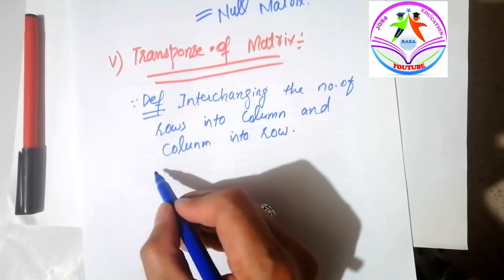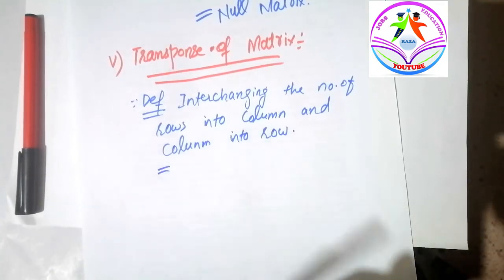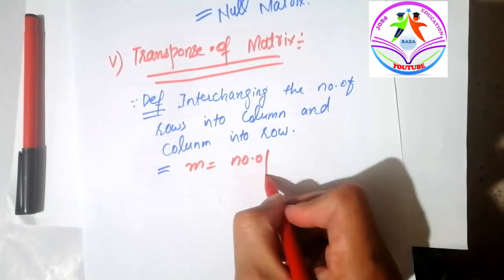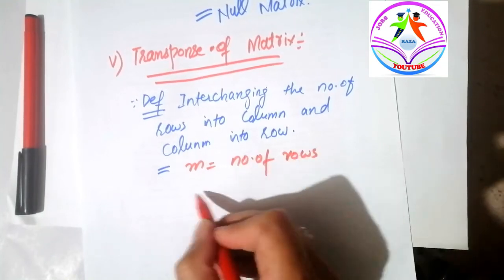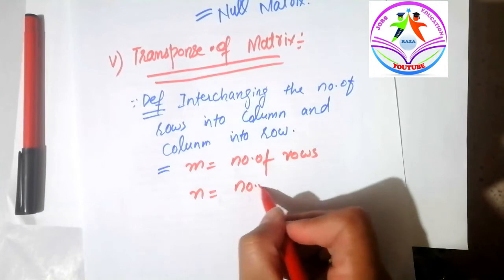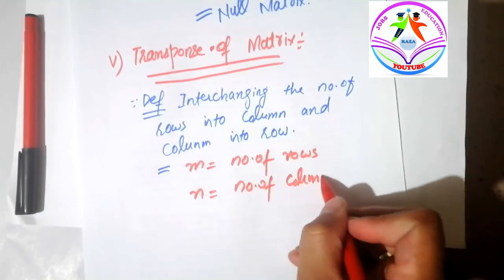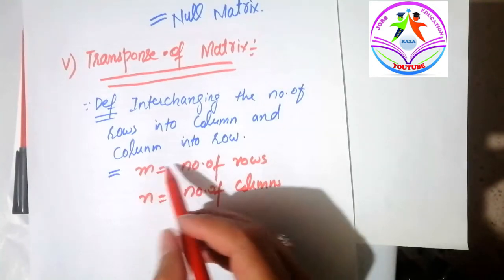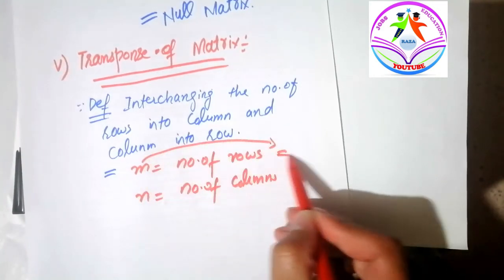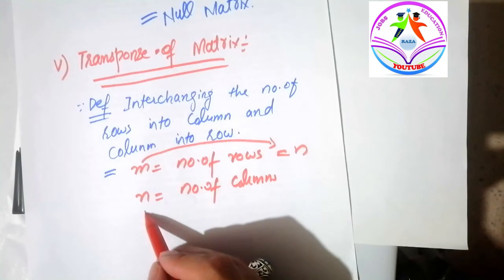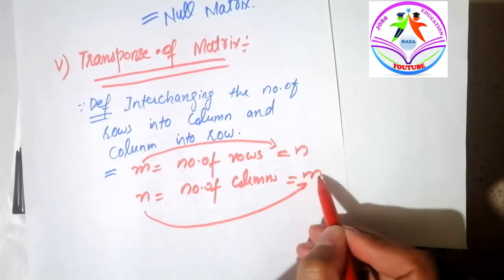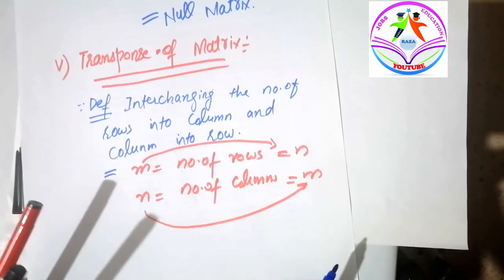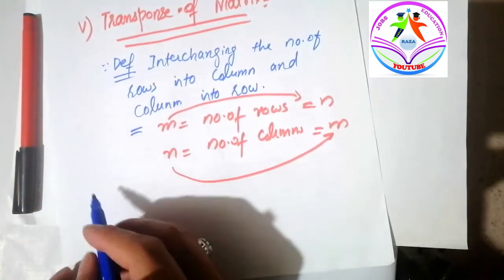For example, let's assume that m is equal to the number of rows and n is equal to the number of columns. Then we should write the number of rows is equal to n and the number of columns is equal to m. We should interchange it. Let me give you an example so you will understand it properly.